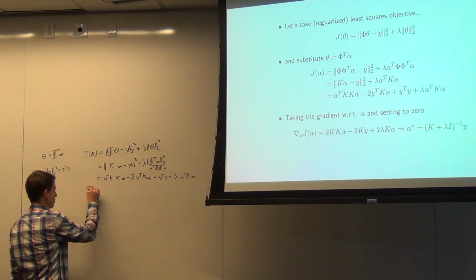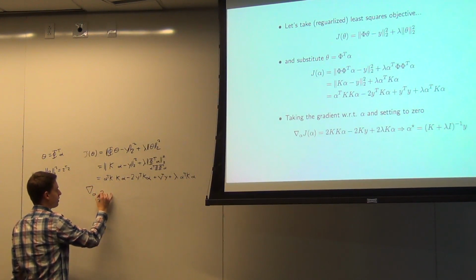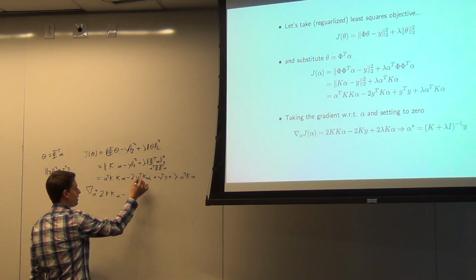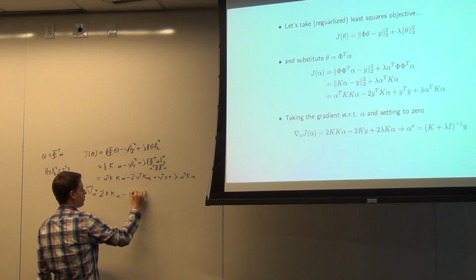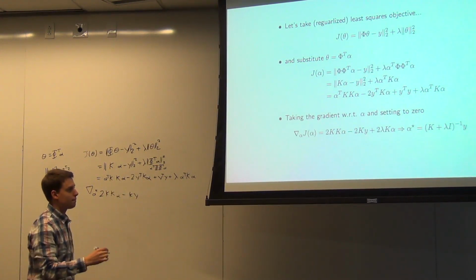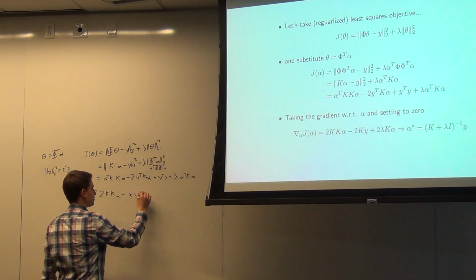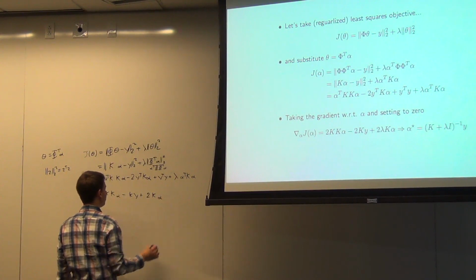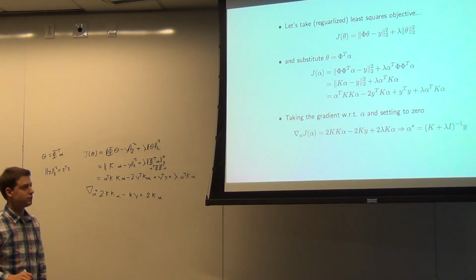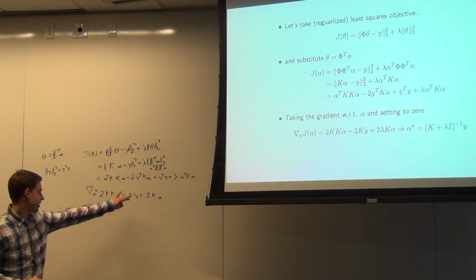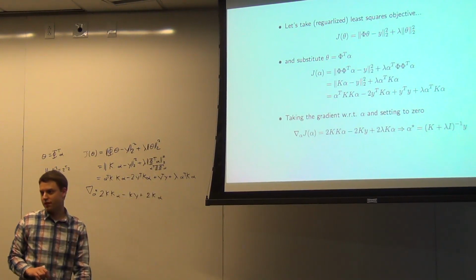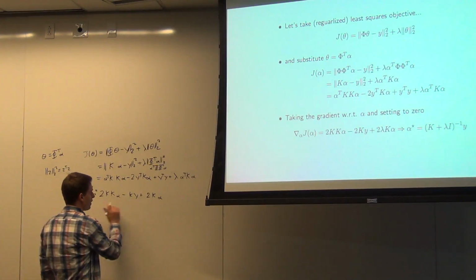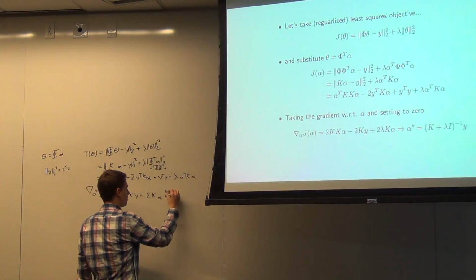So the gradient with respect to alpha is 2 K K alpha, minus 2 K y, plus 2 lambda K alpha, and the y transpose y term has no alpha, so its gradient is 0. We take this whole thing and set it equal to 0.